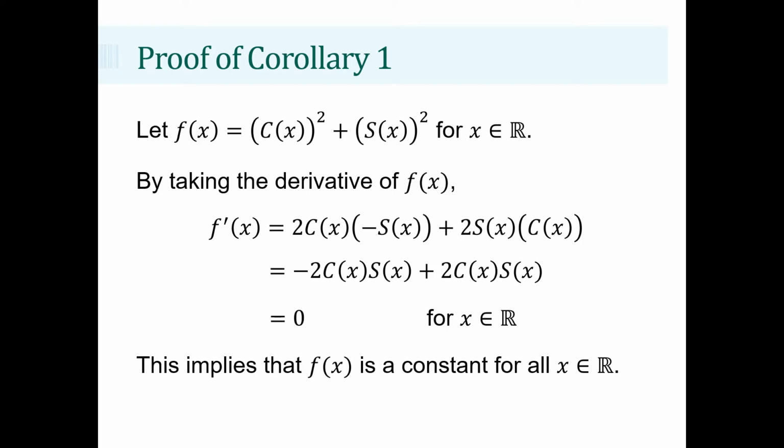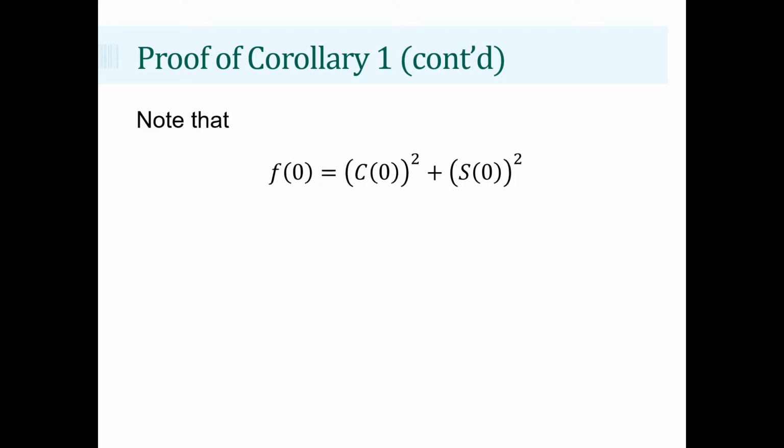Now, the question is, anong constant to? Di ba? Kasi lahat naman ng constant, 0 ang derivative. So note that f of 0 is equal to c of 0 squared plus s of 0 squared. Ano nga ba yung c of 0? Di ba yan lang ay 1?